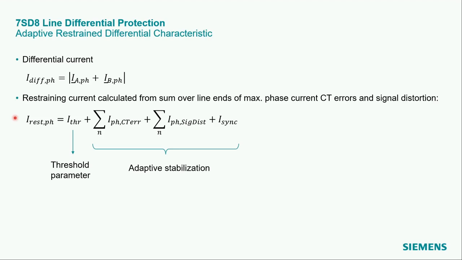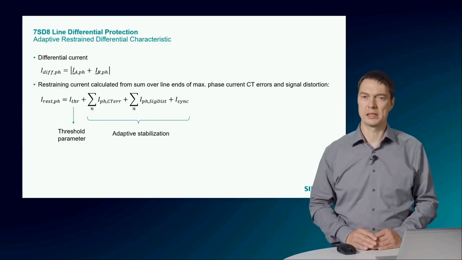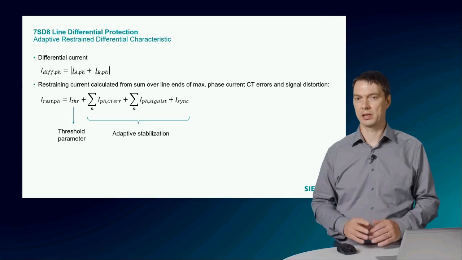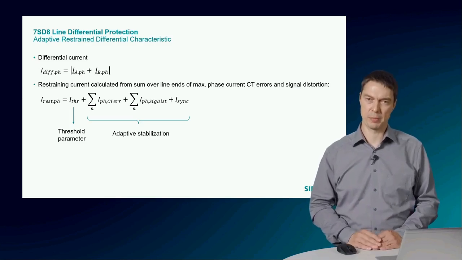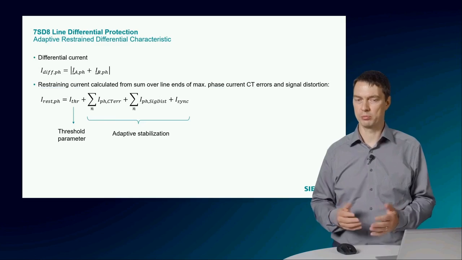The restraining current per phase is calculated from the sum over all line ends for the maximum phase CT error and the signal distortion, plus a user settable threshold for the minimum pickup and the assumed maximum channel asymmetry. The idea behind it is to stabilize the differential protection as much as needed and not so static like for the dual slope characteristic. Maybe this is the biggest differentiation between these principles.